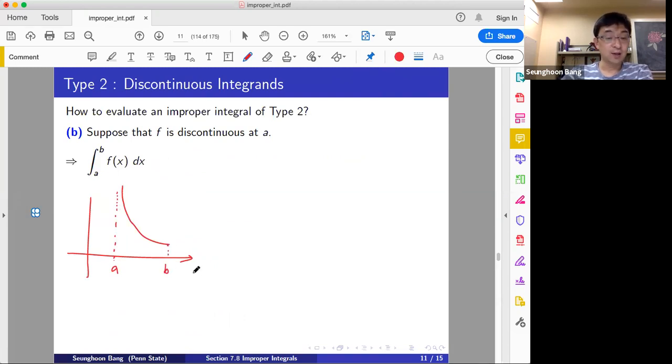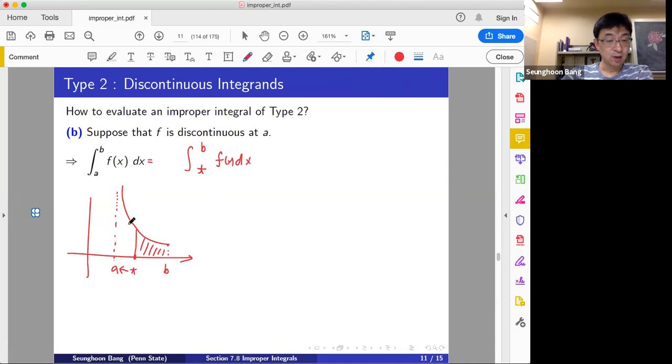Similarly, you can choose t values here and find this area. This area is the integral from t to b of f of x dx.